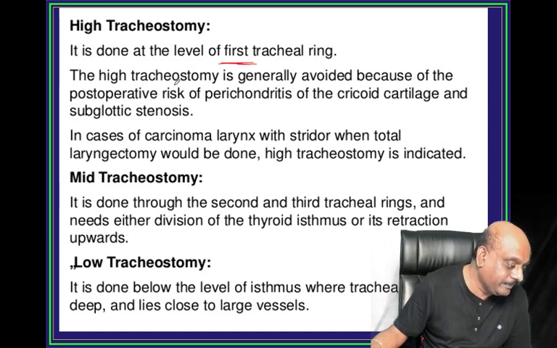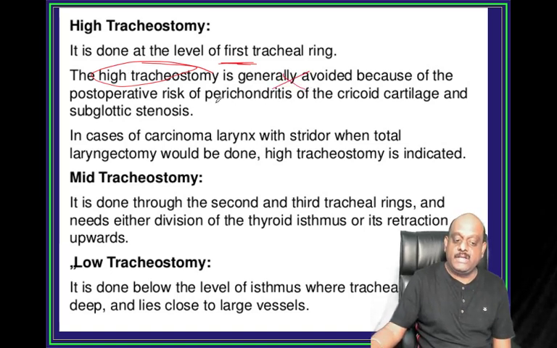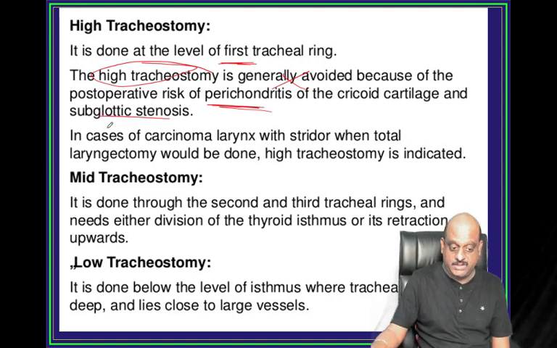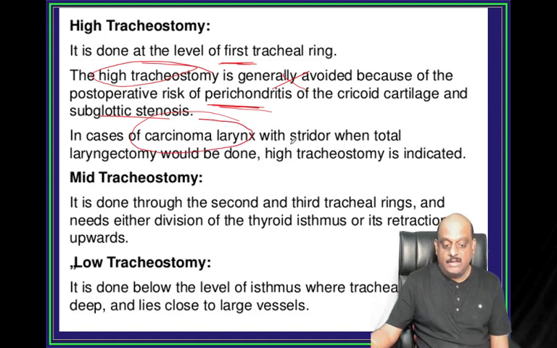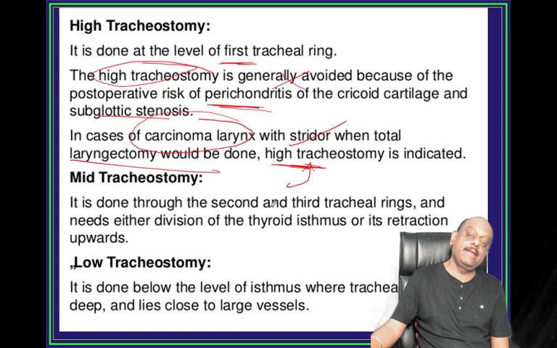Now, the high tracheostomy is generally avoided because there is a chance of perichondritis of the cricoid cartilage, subglottic stenosis, etc. But in case of carcinoma larynx, where there is stridor, when total laryngectomy would be done, a high tracheostomy is very much indicated in laryngeal cancer.